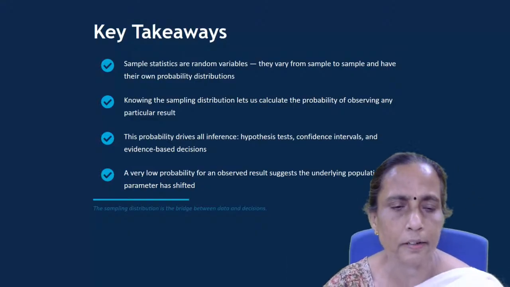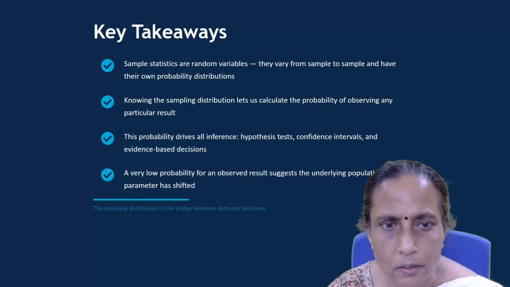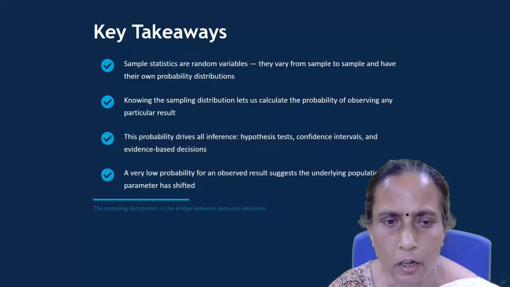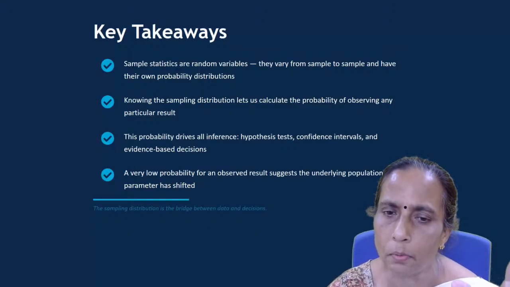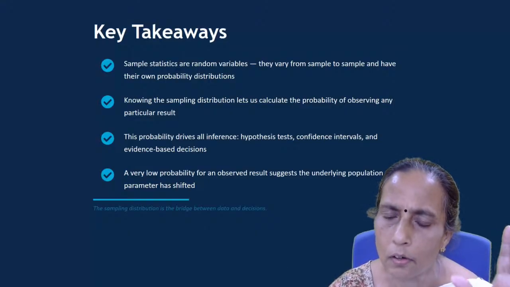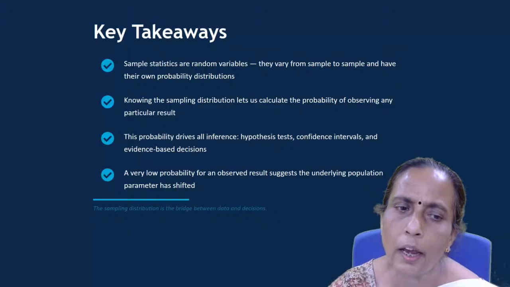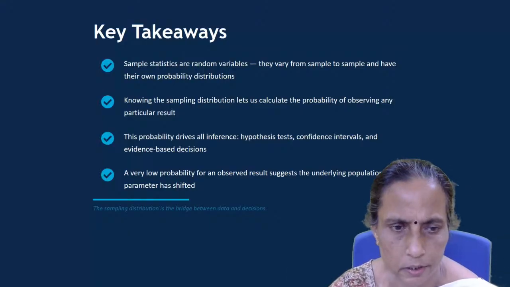Once we calculate the probability of observing any particular result, then we will be in a position to drive our inferences based on hypothesis testing or confidence intervals or any evidence based decisions.